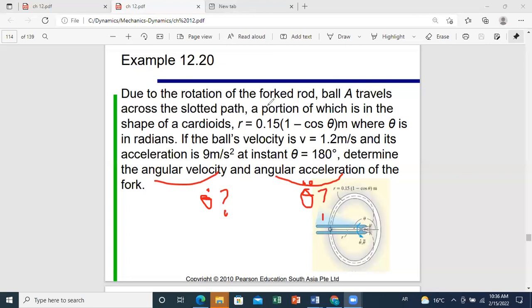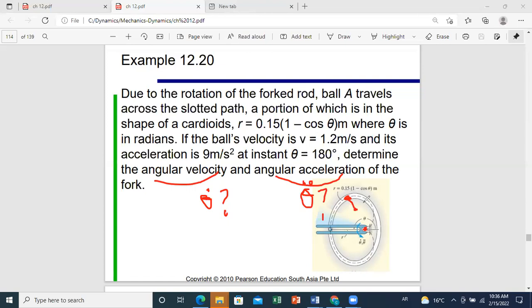If you want to find the radius of curvature, you mean you want to work in n-t? The idea here is that the radius of curvature will not be centered at point O. Okay, so at each position, if you want to work in n-t, you need to get where the center of curvature is, and you will not be able to find it easily.